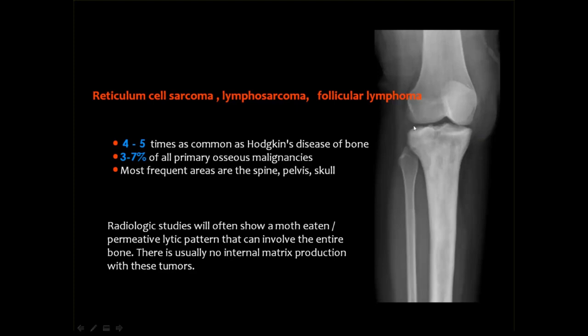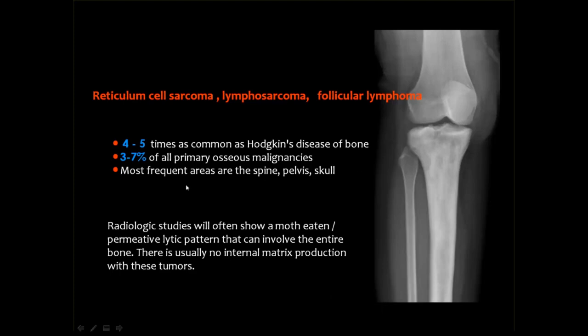Then in a patient like this one, if you see that the epiphysis is not yet fused, the best diagnosis will be Ewing sarcoma. But after epiphyseal closure, Ewing sarcoma is still one of the differentiating points, but here also comes the bone lymphoma.